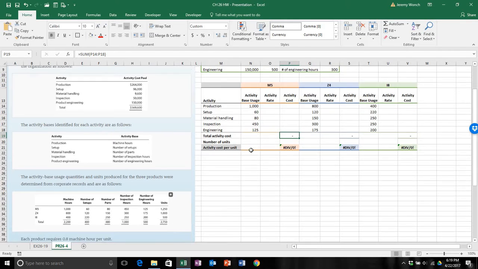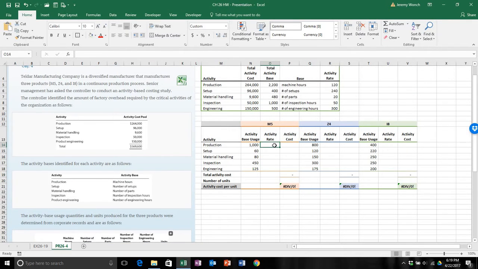Perfect. Now we can plug in the activity rate, which we already calculated over here. Do it this way to keep the formatting. That's going to be the same for all of the products.